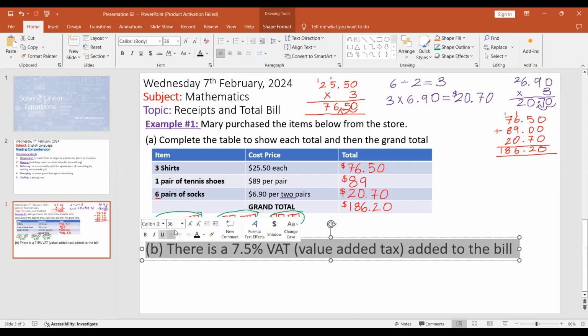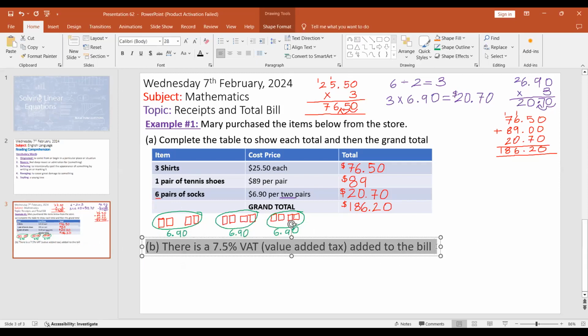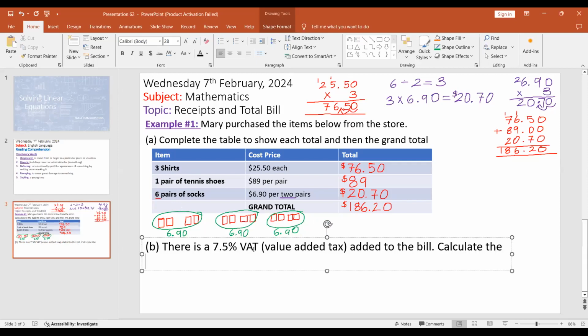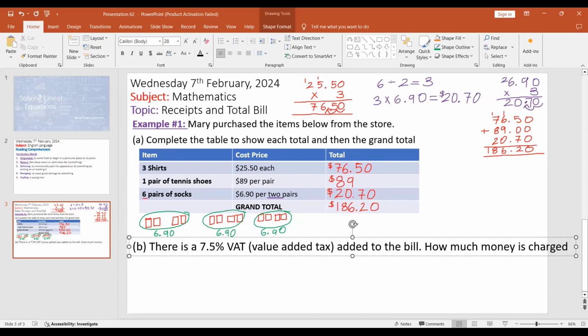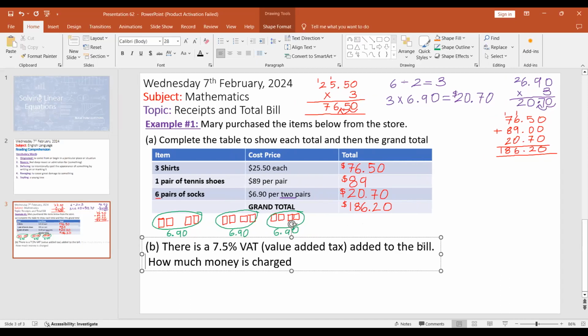So the question says, how much money is charged for VAT?